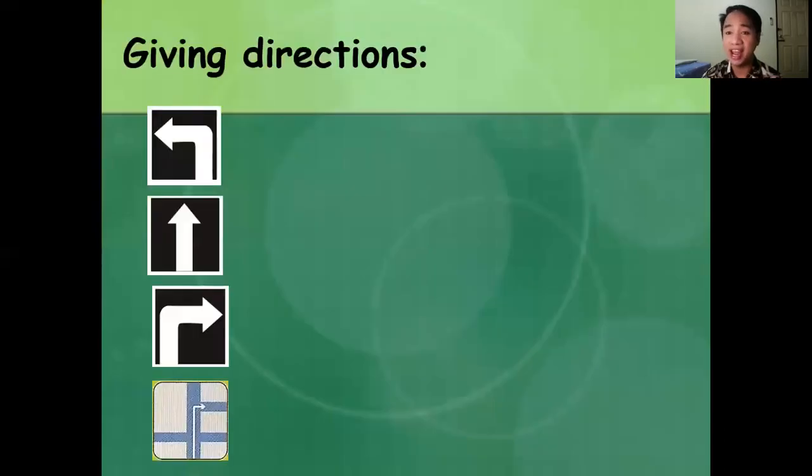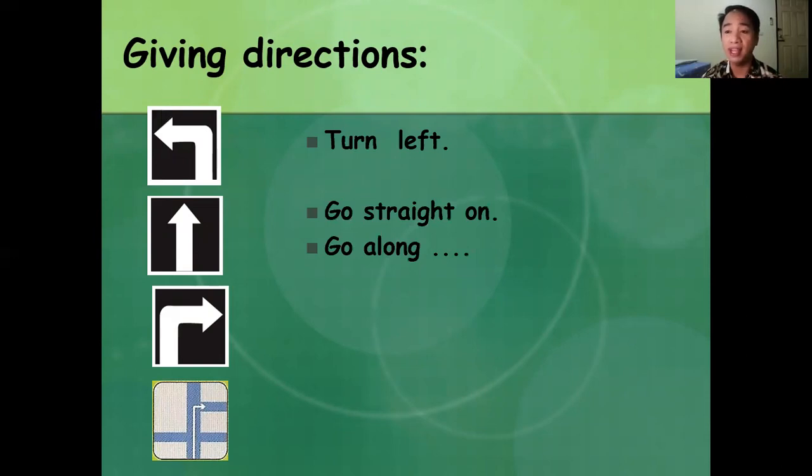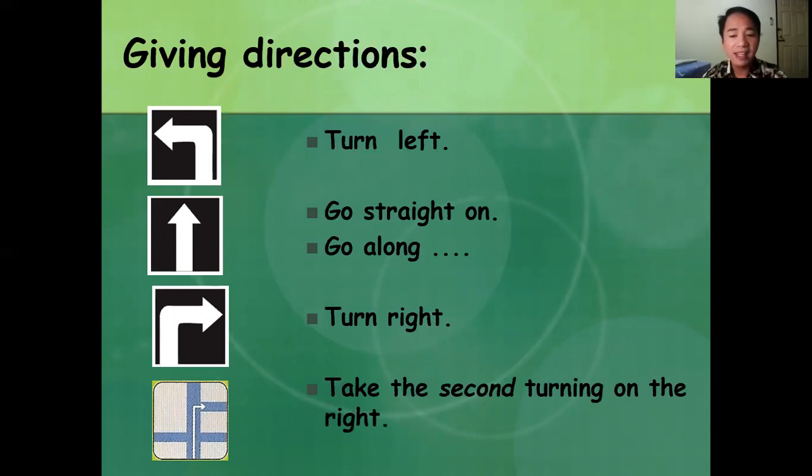In giving directions, you always have to say, for example, you turn left, go straight on, or you can say go along. So this is the sign. And turn right. So this is also the sign for turn right. And then the next one is take the second turning on the right. For example, next corner or the next block, you have to turn right.